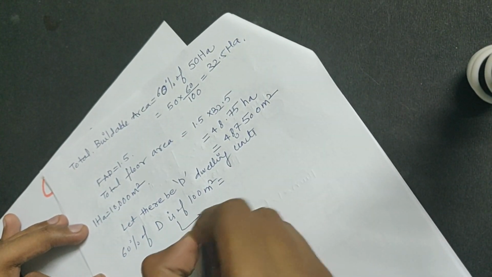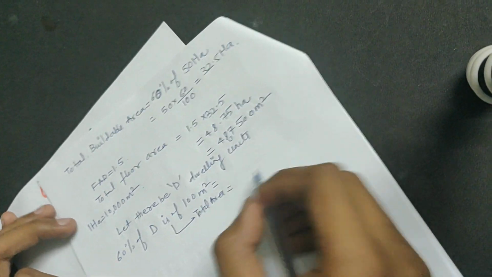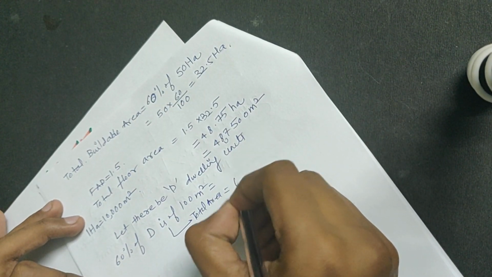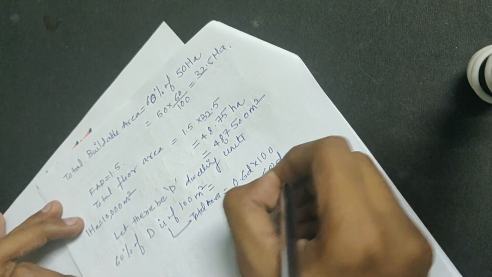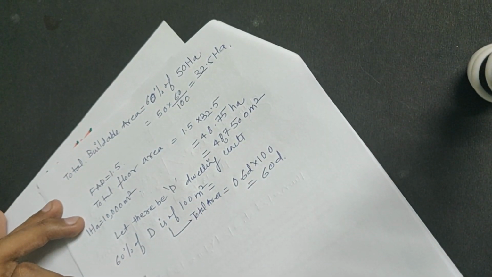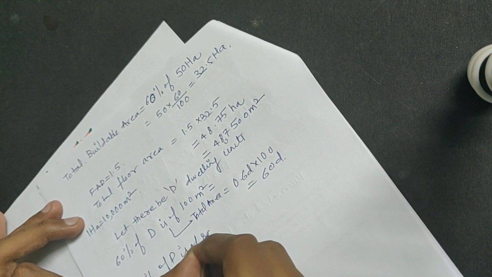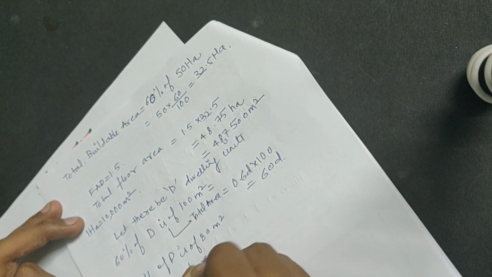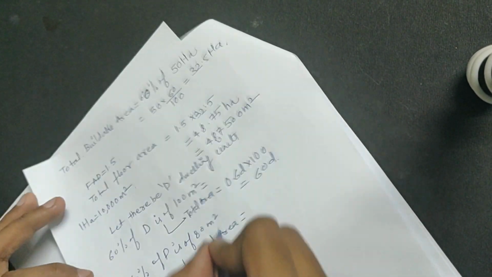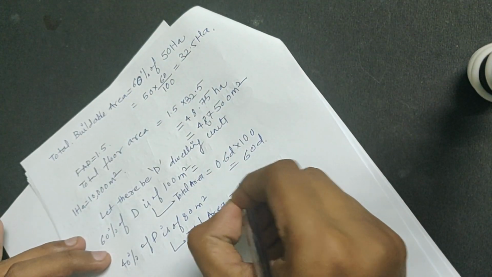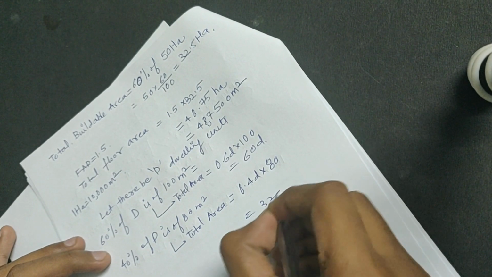So their total area will be 0.6 D into 100, which is equal to 60 D, and 40% of D is of 80 meters square. So their total area would be 0.4 D into 80, which is equal to 32 D.